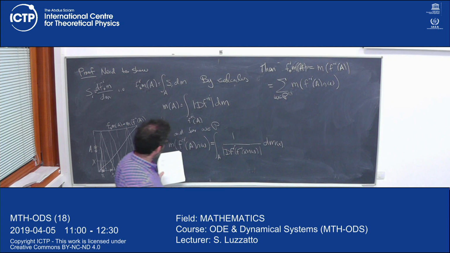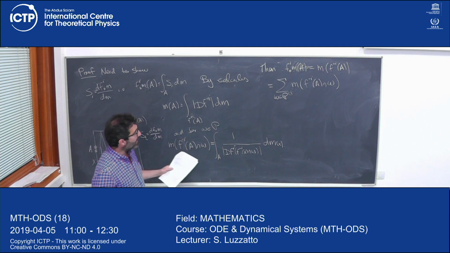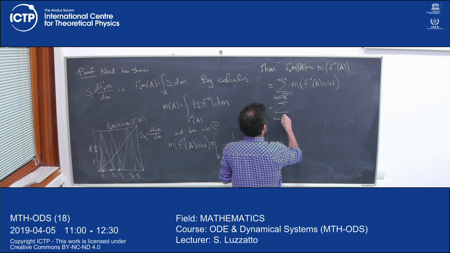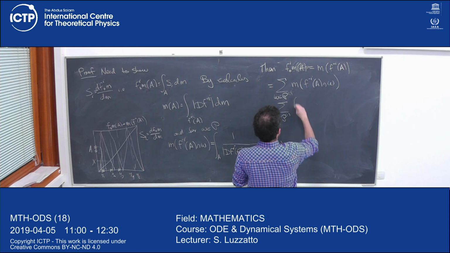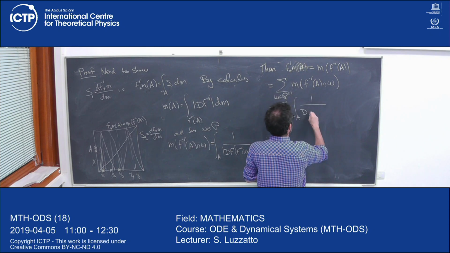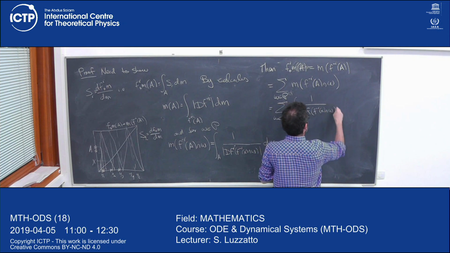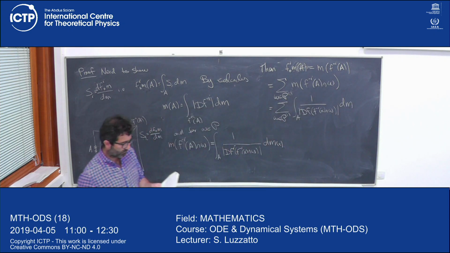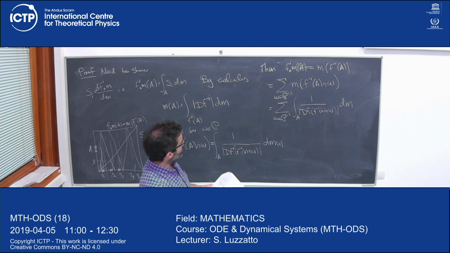And now this is where we use this. The Lebesgue measure of this is equal to the sum over omega in P_I of the integral over A of 1 over the derivative in f minus I of x intersection omega, dm.